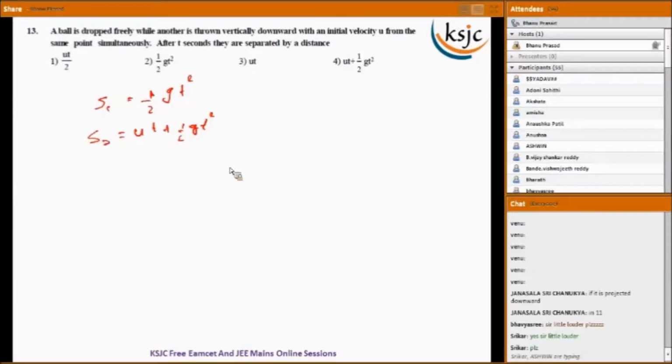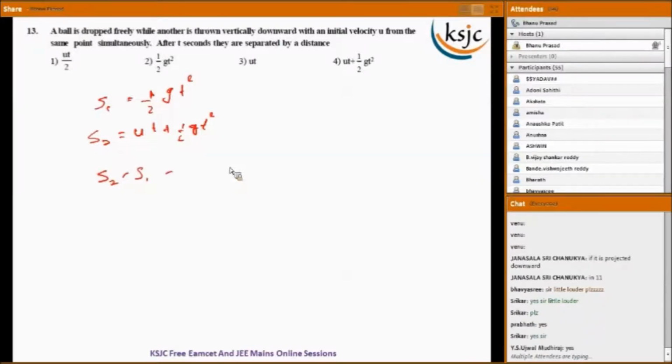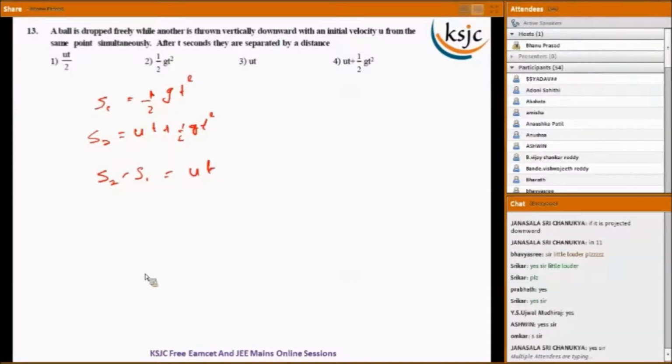Now you are asked to calculate they are separated by what distance. So separated by a distance of s2 minus s1, which leads to ut. Right, option 3.